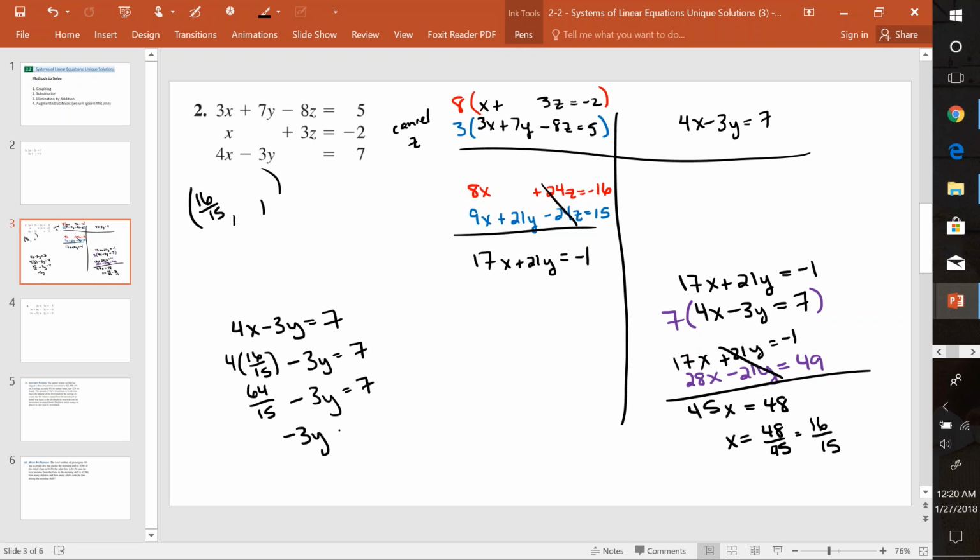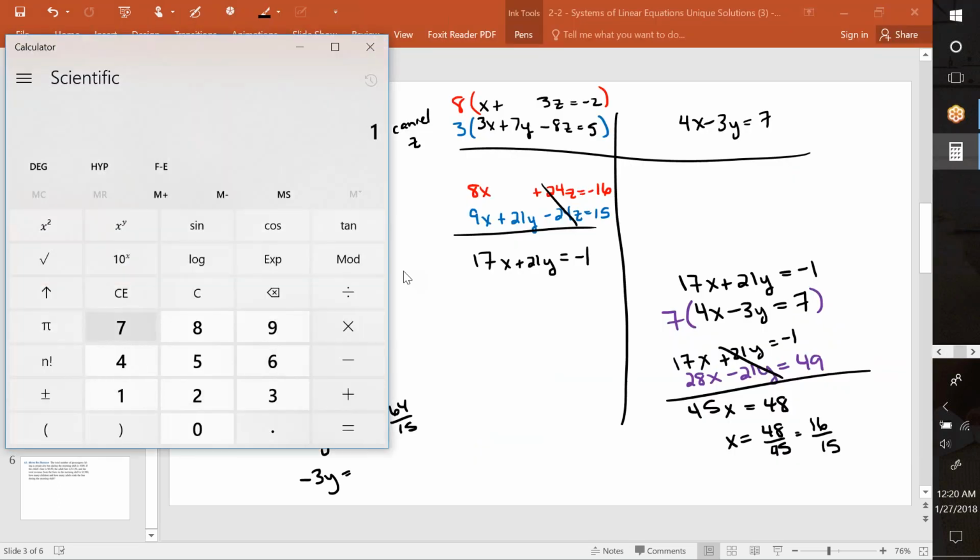I'm going to subtract over the 64 over 15, getting a common denominator over here. I have to multiply 7 by 15, so let's pull up a calculator because I don't know that off the top of my head.